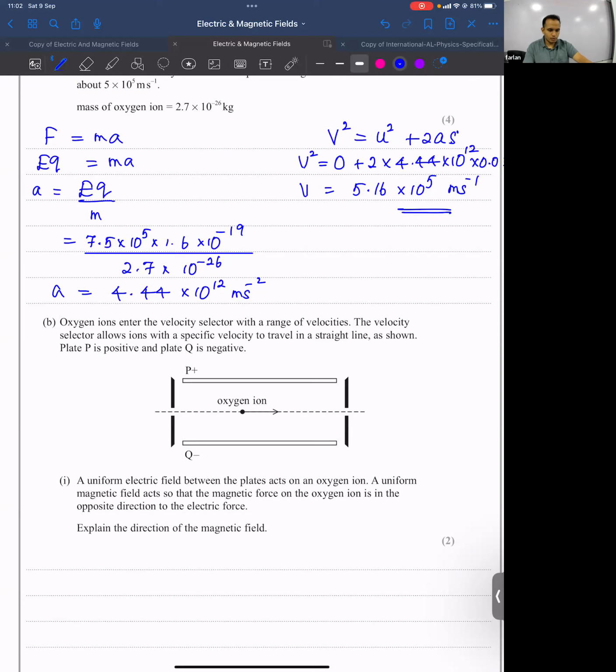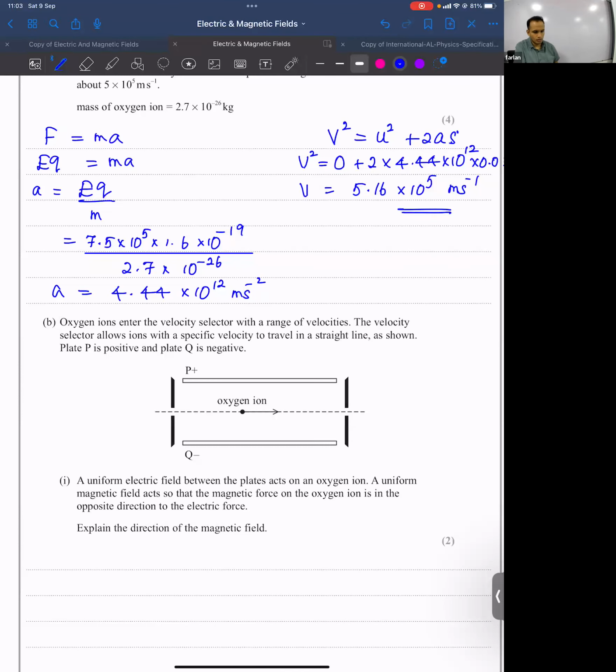Plate P is positive and plate Q is negative. So there are oxygen ions entering this region with different velocities, but ions with a specific velocity will just go undeviated. Correct? The other particles, depending on their velocity, might either get attracted to the plate P or to the plate Q.